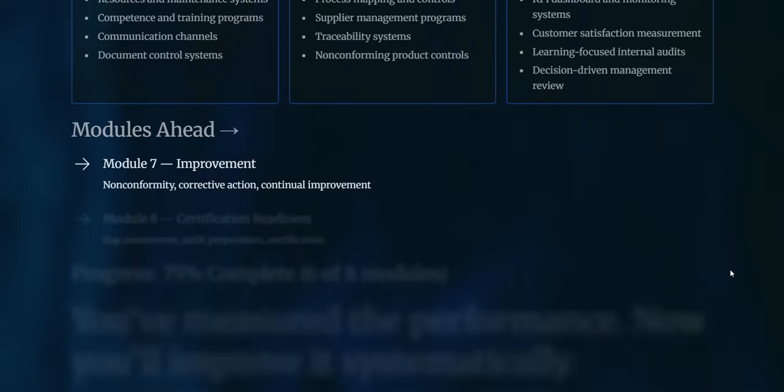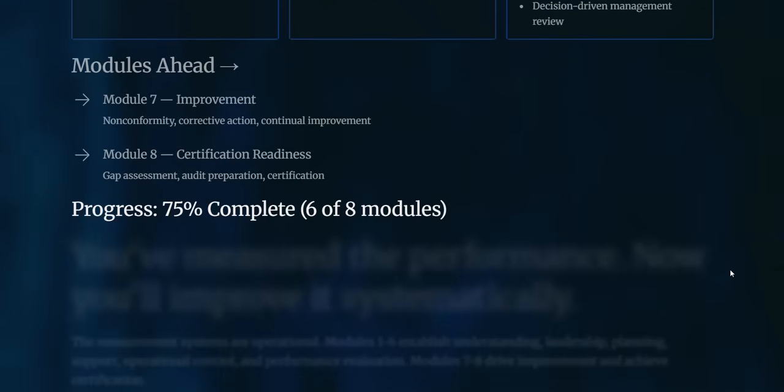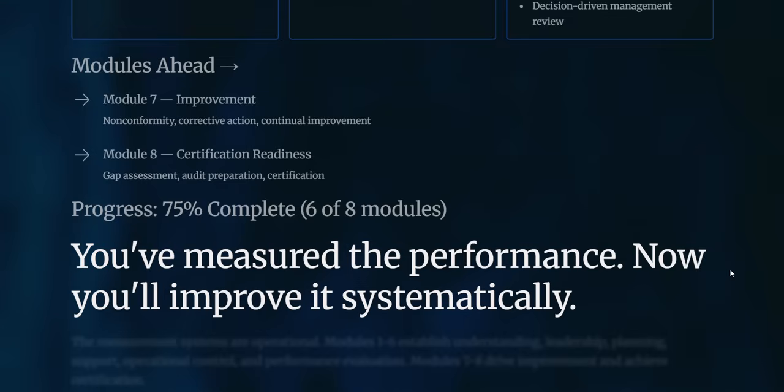So ahead we have Module 7, which is improvement, and that will cover nonconformity, corrective actions, and continuous improvement. And then in Module 8, certification readiness, we will cover gap assessment, audit preparation, and certification. So far, we have completed 75%, 6 out of 8, and we are ready.